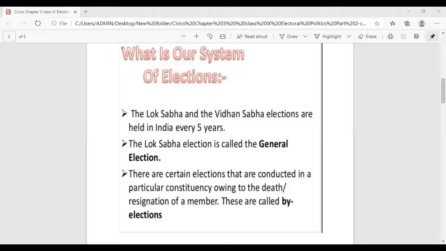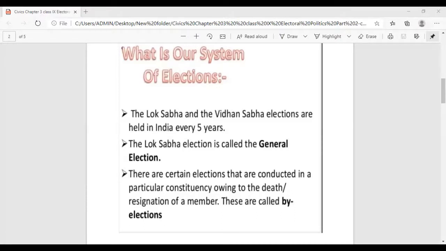Now, we often hear people saying that this party won 30 seats, that party won 60 seats. What do we actually mean by that? In fact, if you remember, in the 2018 Karnataka Assembly elections, BJP had won 104 seats and Congress had won 80 seats.